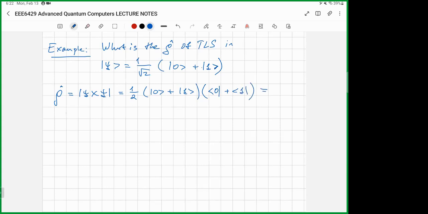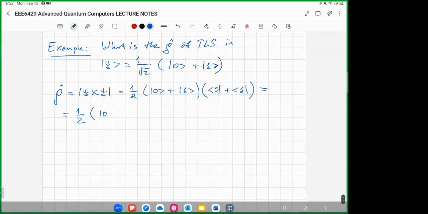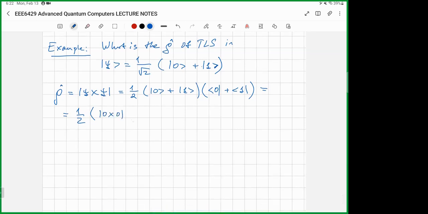So it is equal to 1/2, and then I have 4 terms: state 0,0, plus state 0,1, plus state 1,0, plus state 1,1.